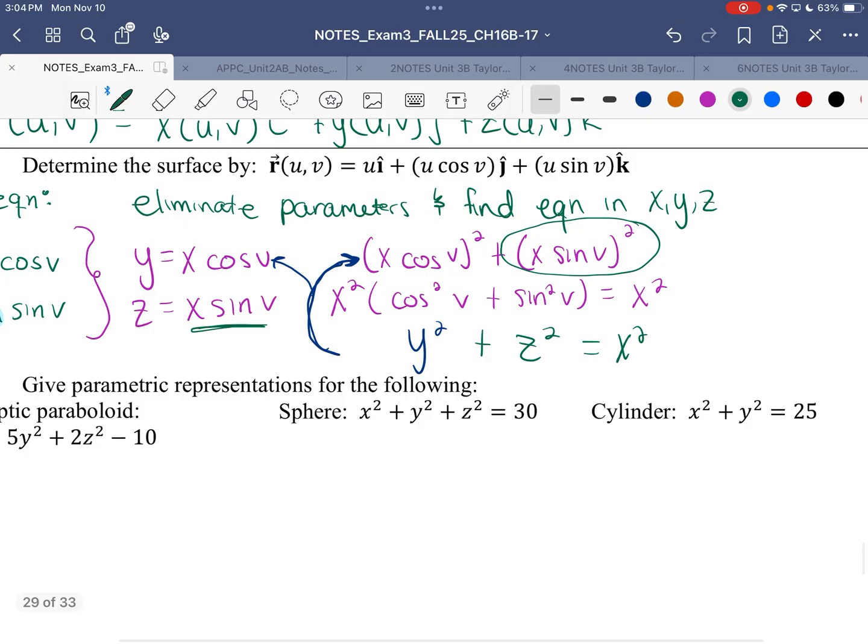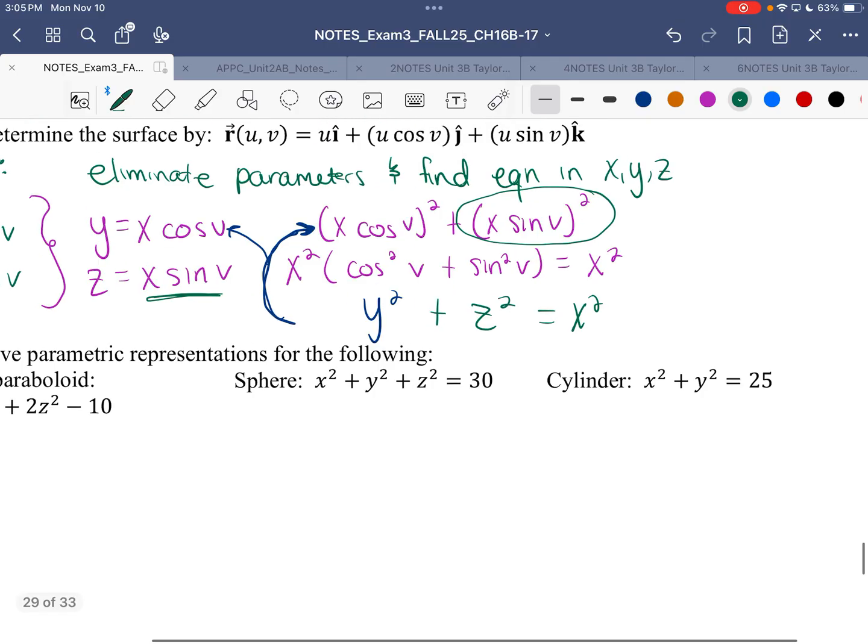What shape is thing squared plus thing squared equals thing squared? It's a cone.